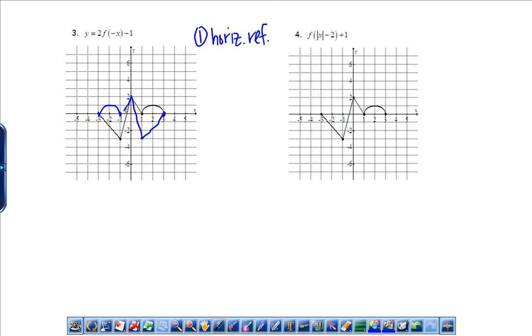So it is backwards. Next step would be times 2. And remember this 2, the absolute value of the 2 on the outside is going to make this a vertical stretch. So this is going to get tall. So everything times 2. So this one's going to stay here.